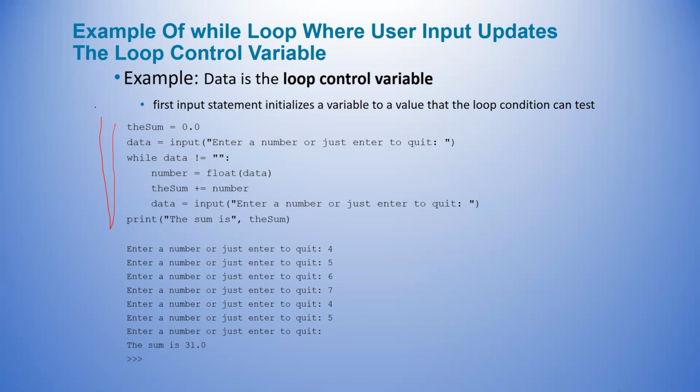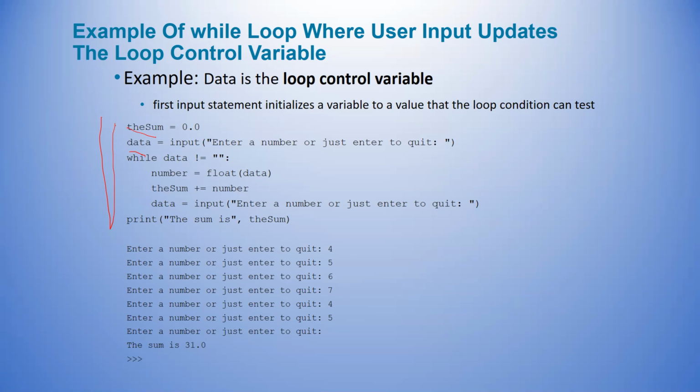Is it the while data does not equal to? That's a condition. I'm asking, what is the loop control variable? Which variable is controlling the loop? Is it the sum? Or is it data? Which one is controlling the loop?